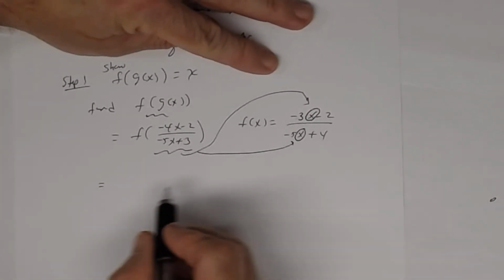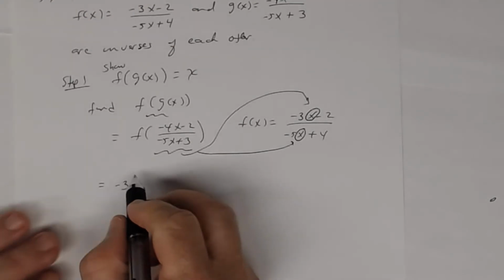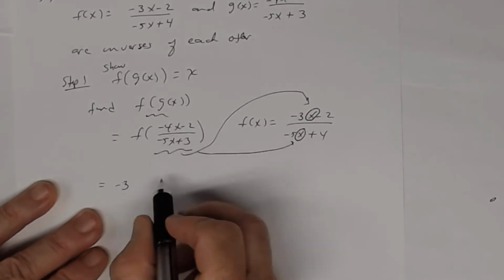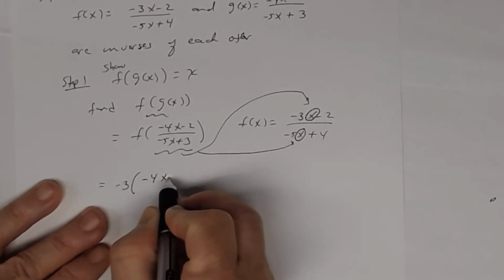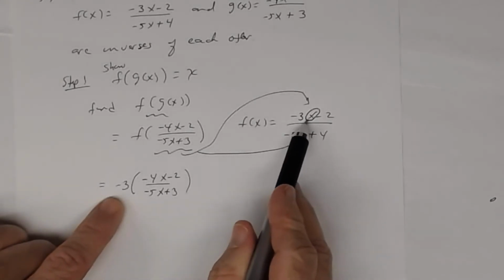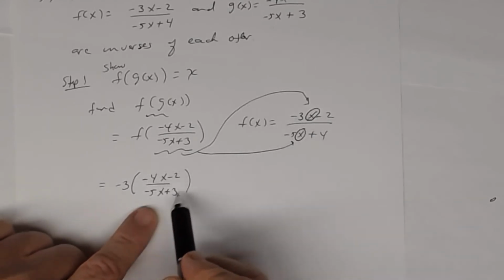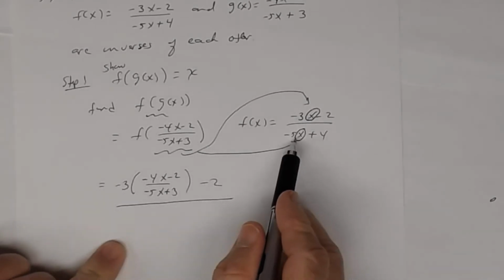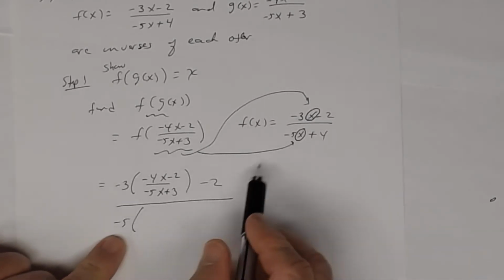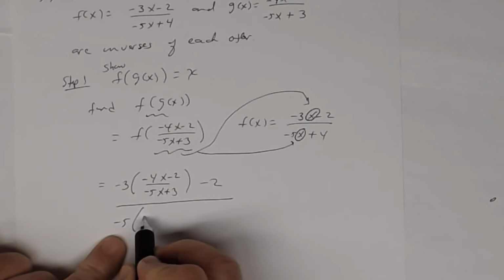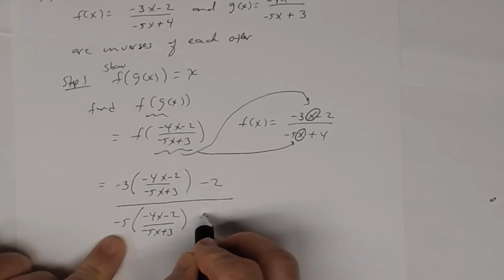We get negative 3 times, all right, now you've got to be careful. Negative 3 is going to be multiplied by this fraction right here, so put that in parentheses just like I'm doing: negative 4x minus 2 divided by negative 5x plus 3, minus 2, all divided by negative 5 times, in place of this variable x that I have circled, this fraction right here, negative 4x minus 2 divided by negative 5x plus 3, and then I'm going to add 4 to that.